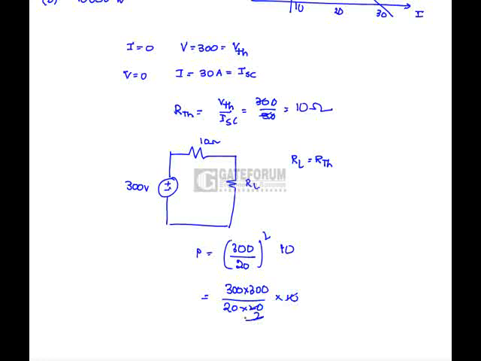This cancels, giving 150 into 15, which equals 2250 watts. That is option A is correct.